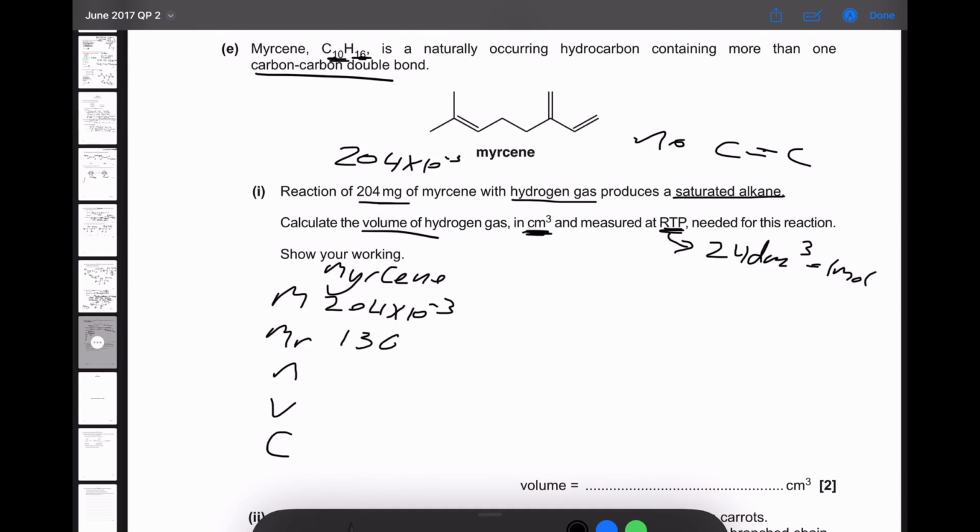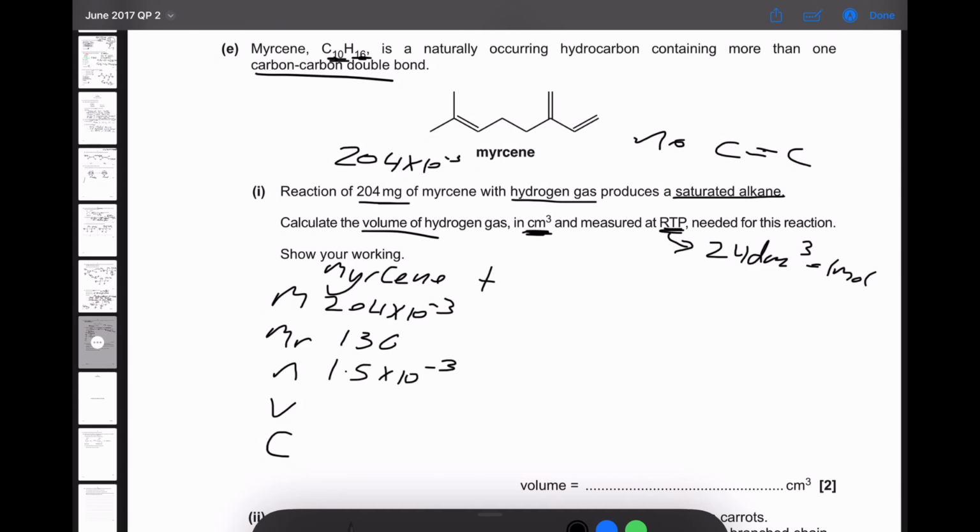So 204 times 10 to the minus 3 over 136 gives us 0.15, no, sorry, 1.5 times 10 to the minus 3.